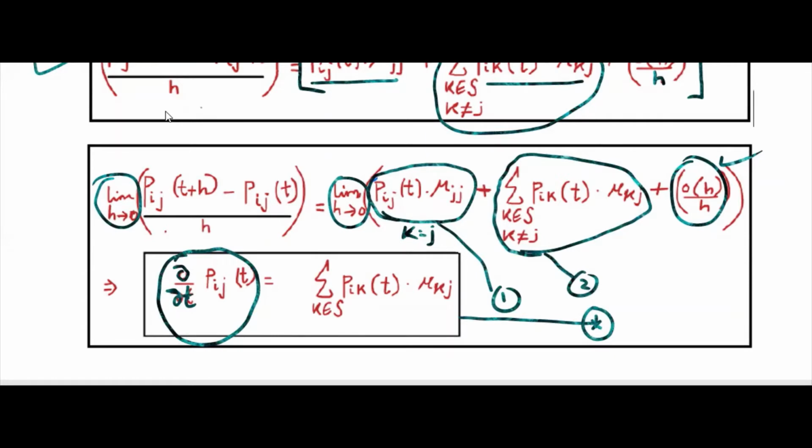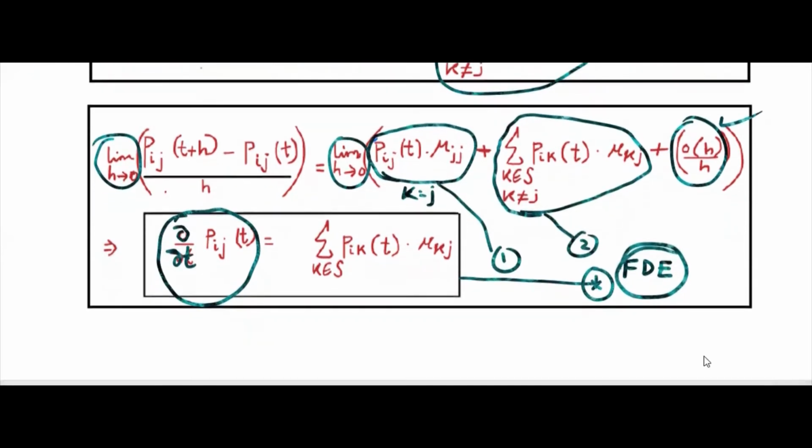We want to see the change when t changes. This is Kolmogorov's forward equation, forward differential equation, and we have the backward differential equation, BDE. This is the forward differential equation. Differentiation comes.